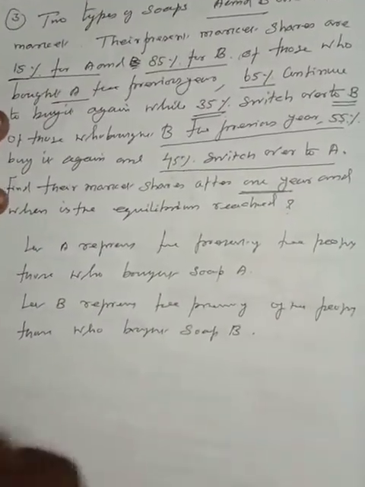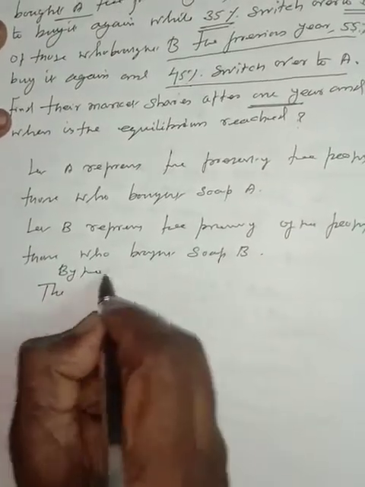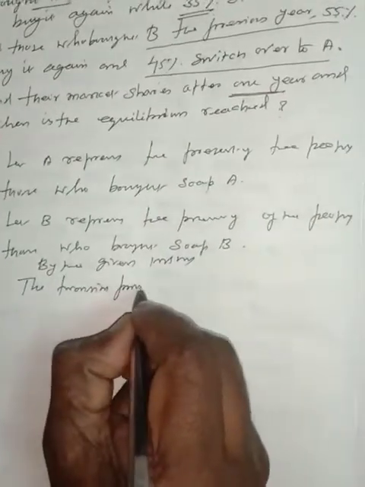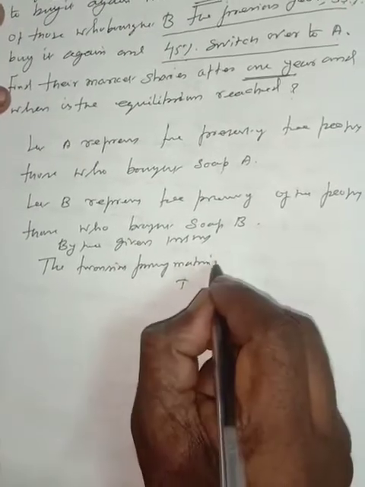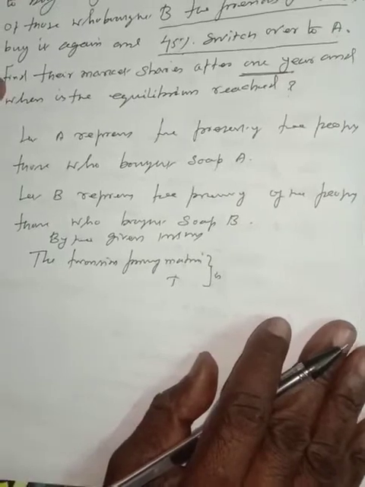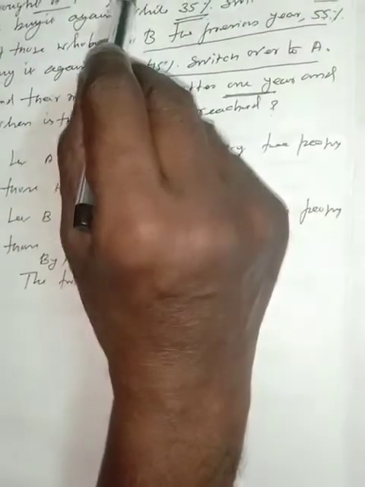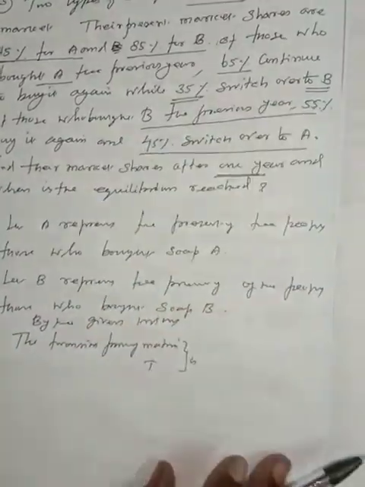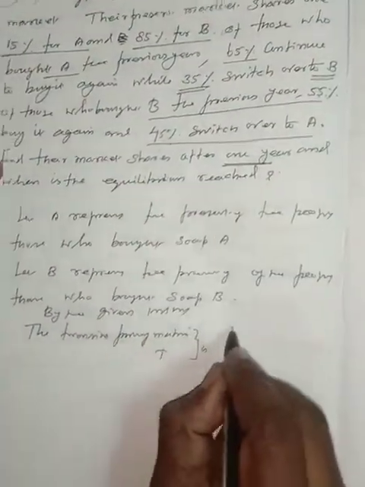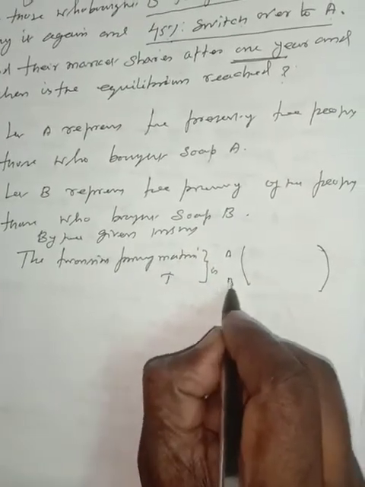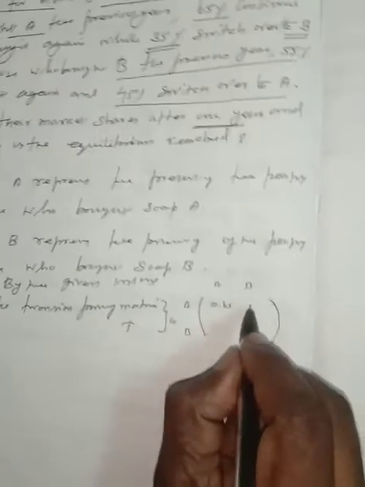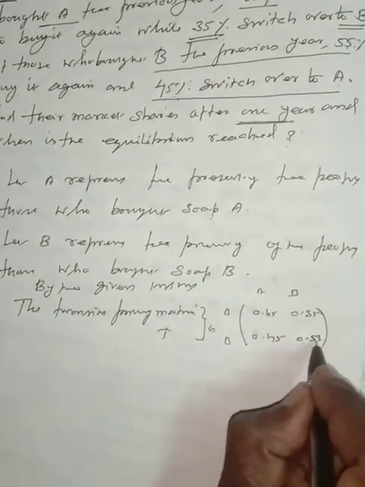The transition probability matrix T, by the given data, is a 2 cross 2 matrix with rows A and B: first 65%, 35%, then 45%, 55%. 65% means 0.65, 35% means 0.35, next 0.45 and 0.55.